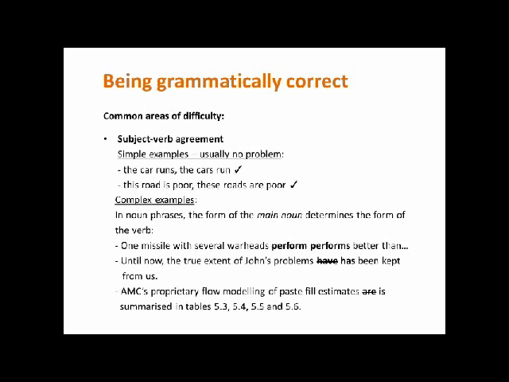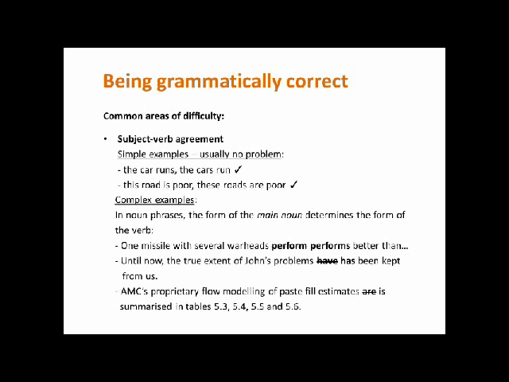I know it sounds a little bit gobbledygookish, so I hope that this presentation will be clear enough to go back and you can refresh or ask me if you're not sure. But so we have the car runs, but we have the cars run. And so we choose runs with car and we choose run with cars. This road is poor, these roads are poor. So we've selected our verb is or are according to whether the road is singular or plural.